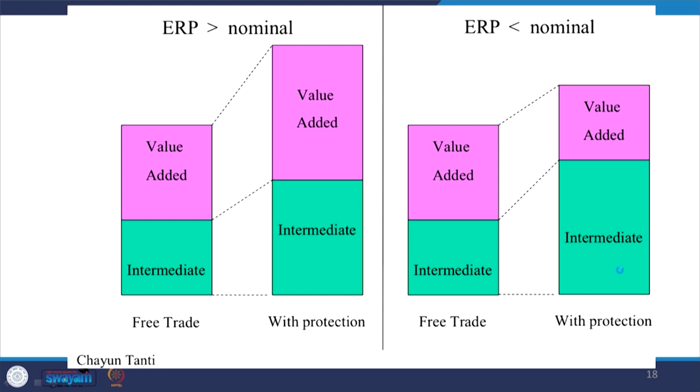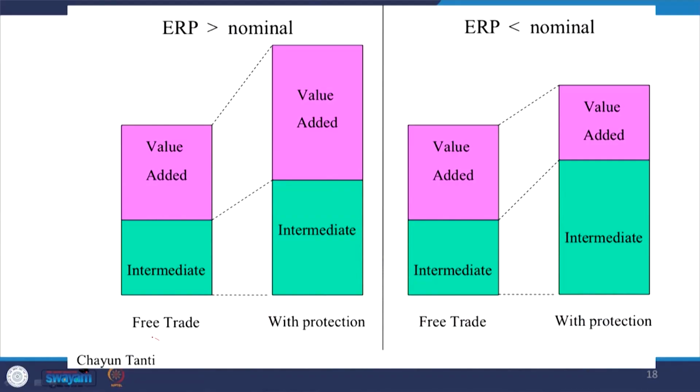Now, this is the diagram referred to from the original diagram made by Tanti, where the effective rate of protection as compared to the nominal rate of protection is observed. Now, look at the intermediate product and the value added product, in case there are certain differences between free trade and protection.